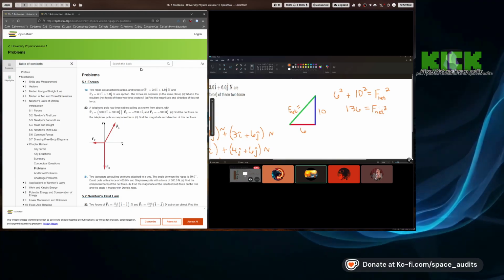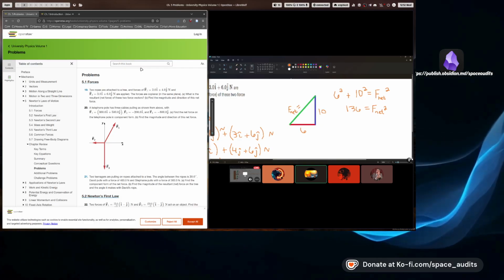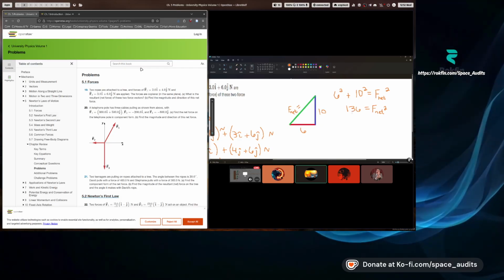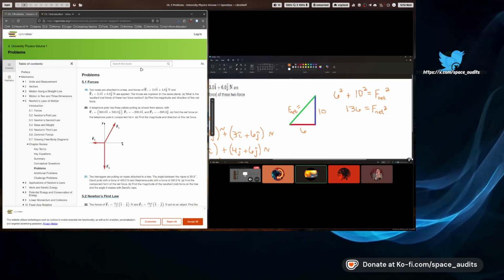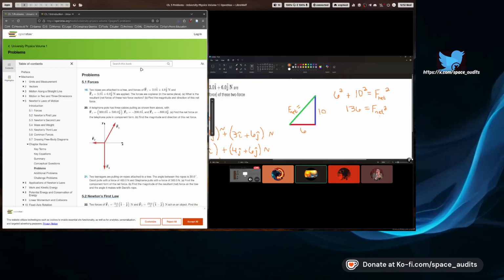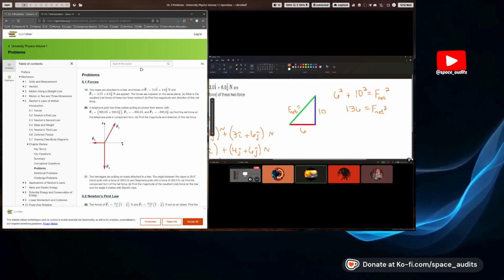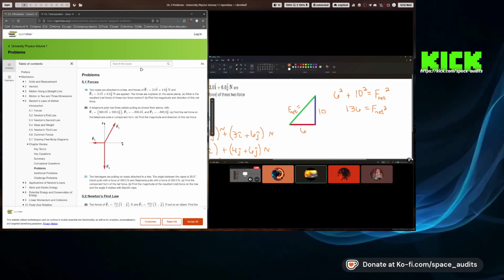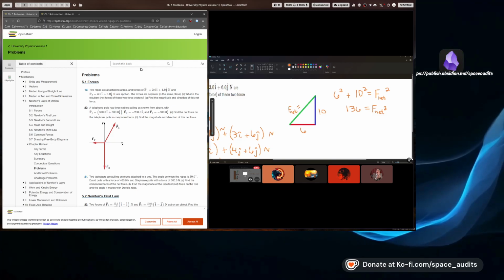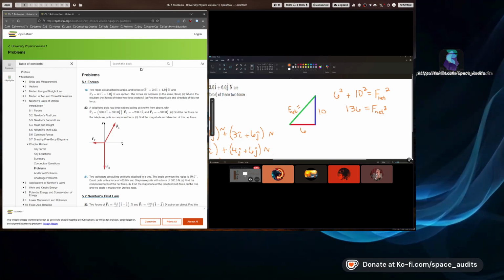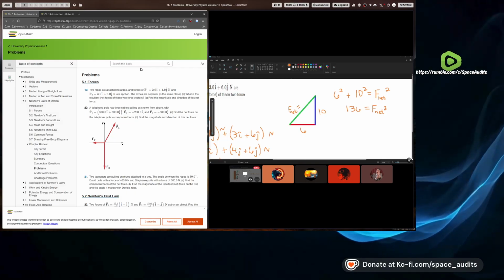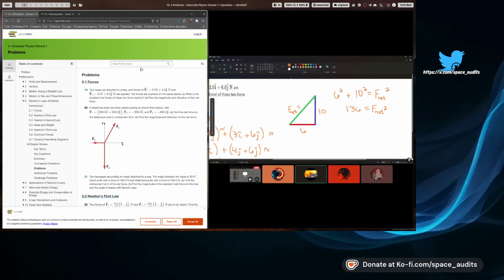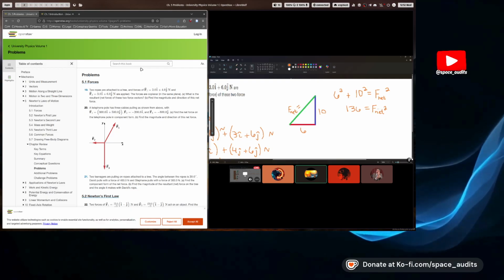Now, this is where I'm going to chime in. Okay, Alan. And this is 136 equals F net squared, right? What can I do in order to get rid of this squared and get just F net? I have no idea. What's the opposite of a square?